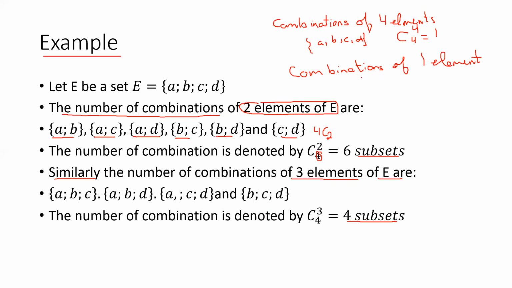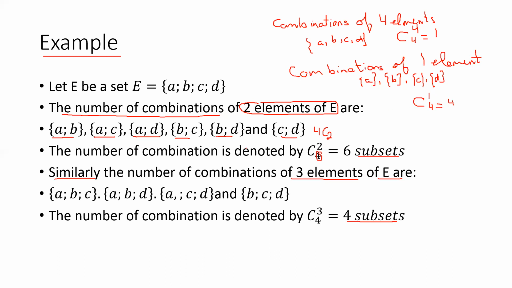A, B, C, or D. How much are they? 4, right? So I put C for 1 equals 4.